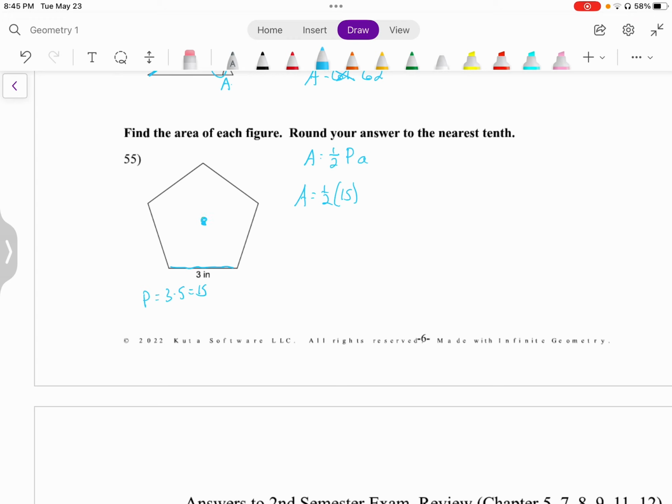And then we need the apothem, and that's where the difficulty comes in, but not too bad. So trying to find the center here. So we need the apothem. And so what we do is we section off this little triangle. Sorry about that line. And we know that this entire circle is 360 degrees.